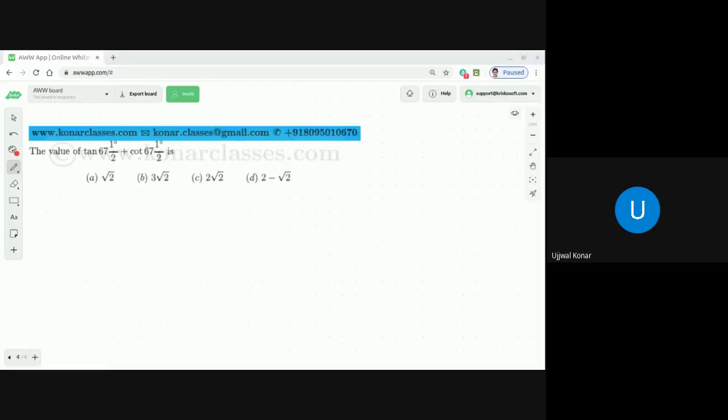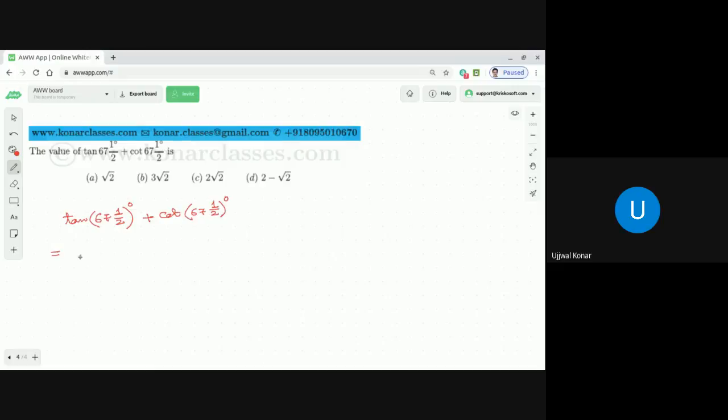Okay, dear students, so to solve this kind of problem, you need to remember the values of the special angles. How to do this is something like this. What has been given to us is tan 67.5 degree, correct, plus cot 67.5 degree.